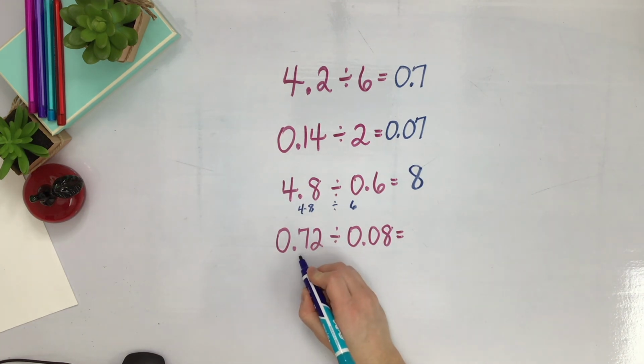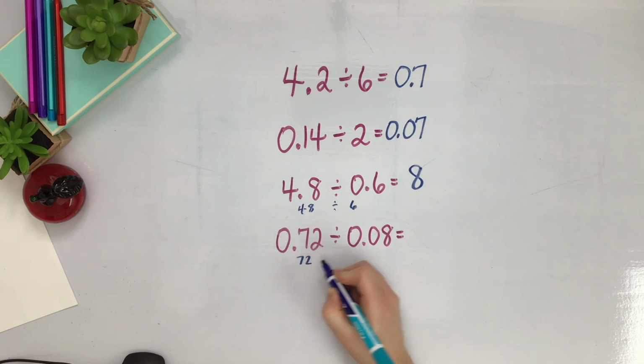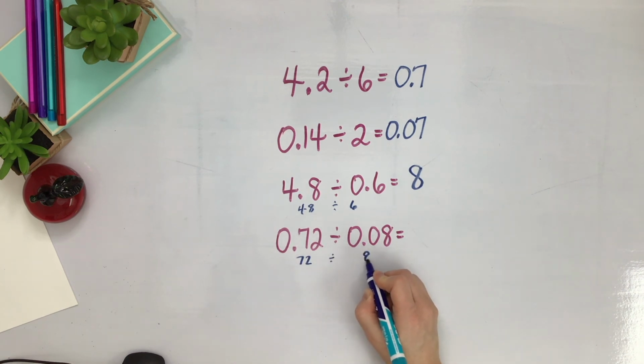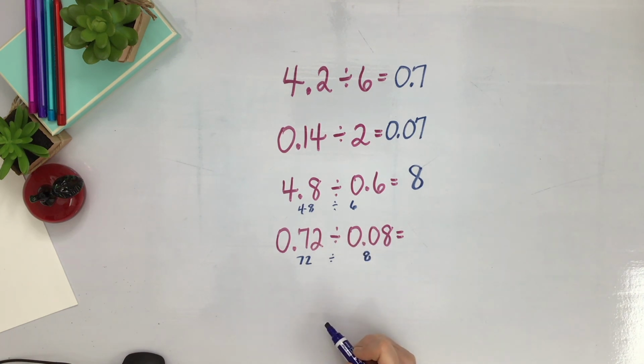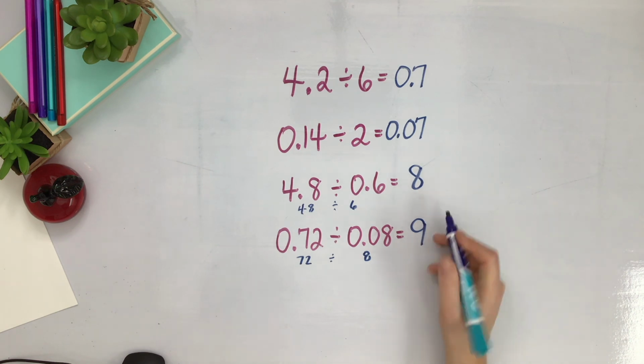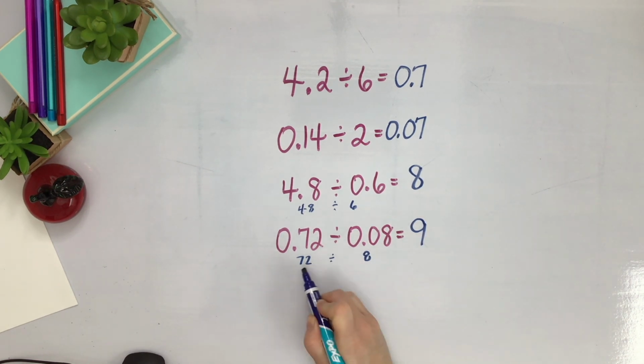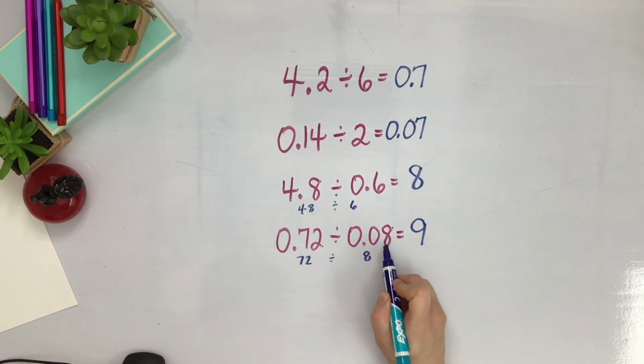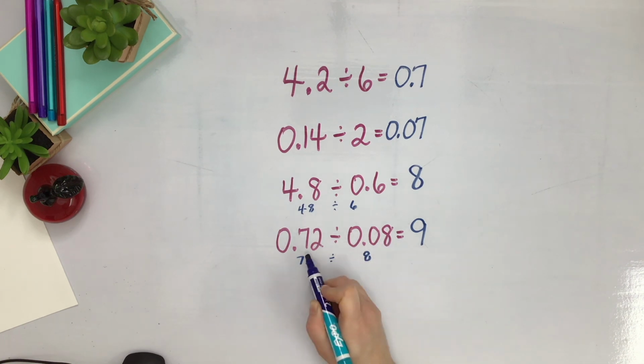Here in my mind I can just think of this as 72 divided by 8. I've increased both the dividend and the divisor by 100 times. I know 72 divided by 8 is 9. So that means there are 9 groups of 8 in 72, just like there are 9 groups of 8 hundredths in 72 hundredths.